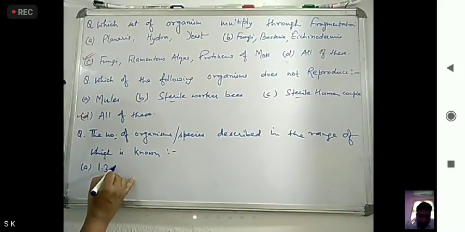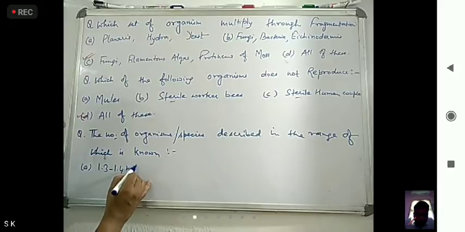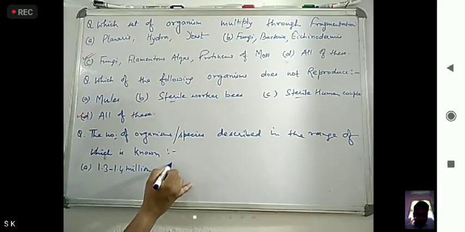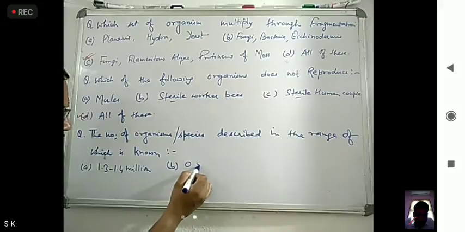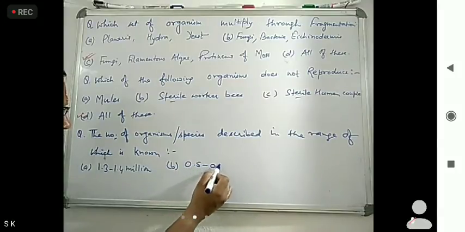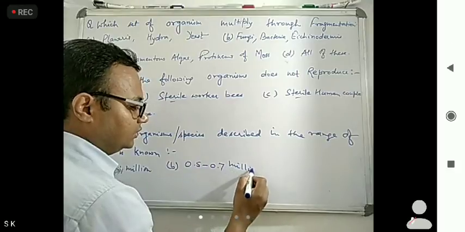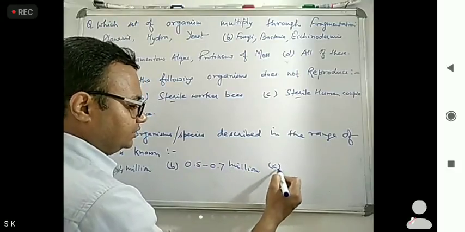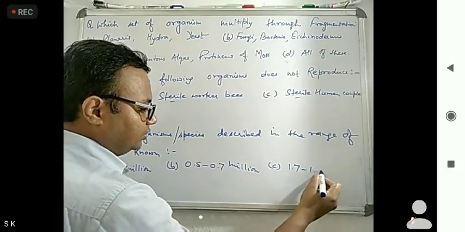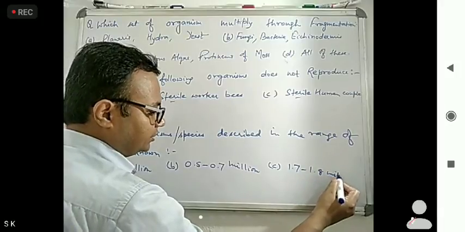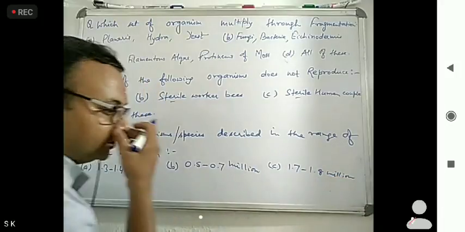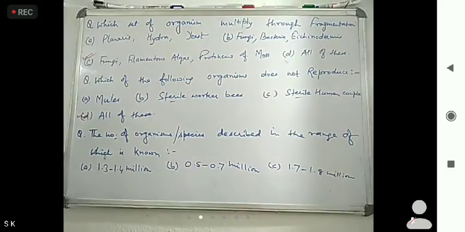1.3 to 1.4 million. Next option is 0.5 to 0.7 million. Next is 1.7 to 1.8 million.